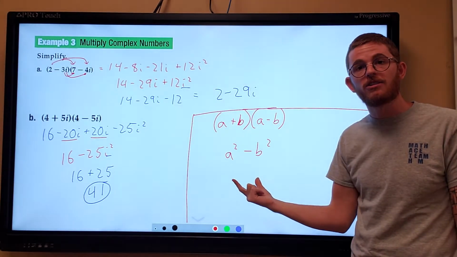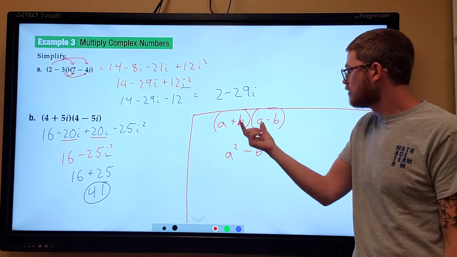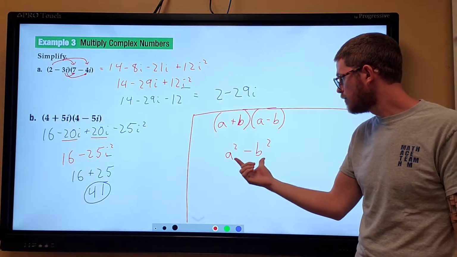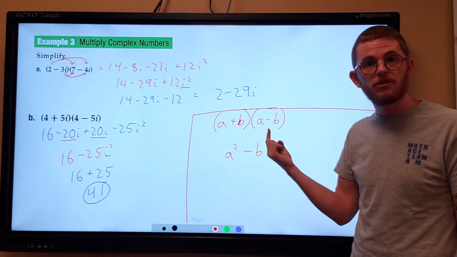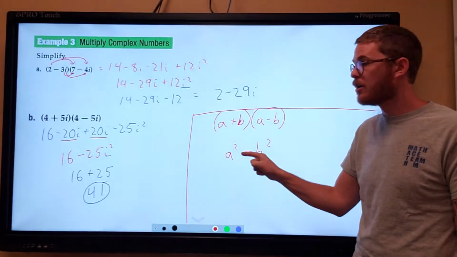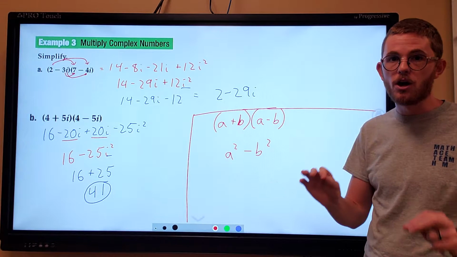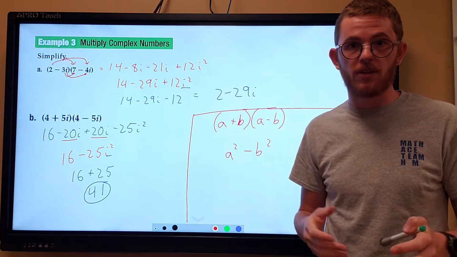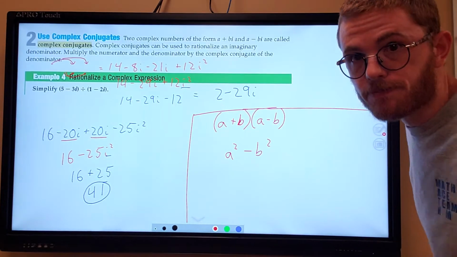Notice what it gives us. It's a difference of squares. We are understanding our difference of squares. Something times its conjugate, it's going to be the first term squared minus the second term squared. Super helpful. If you understand that, it's going to save you so much time.